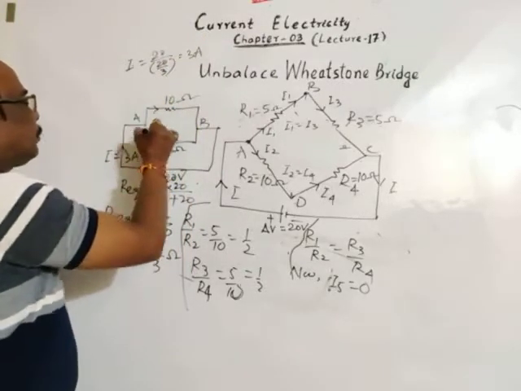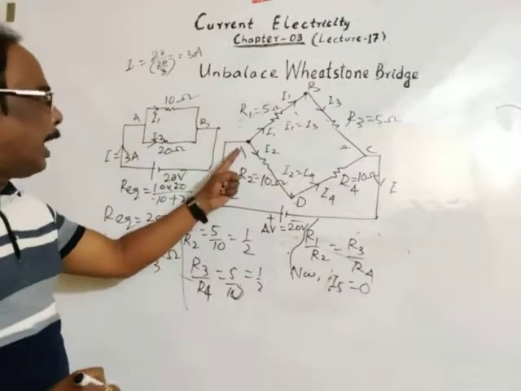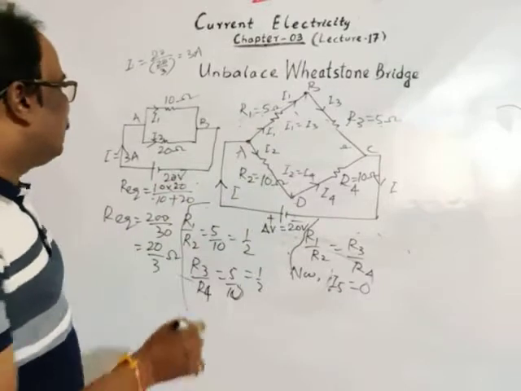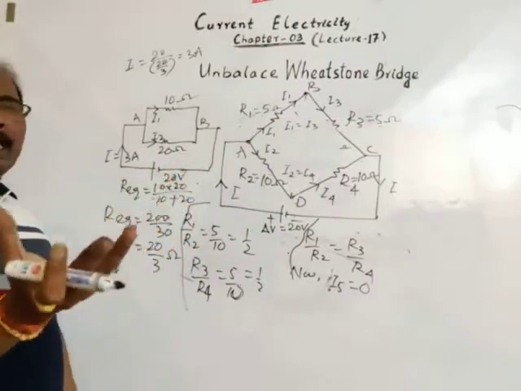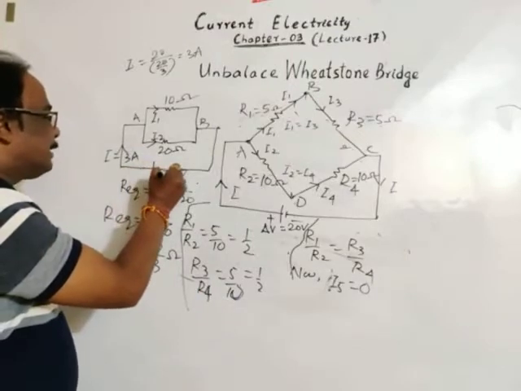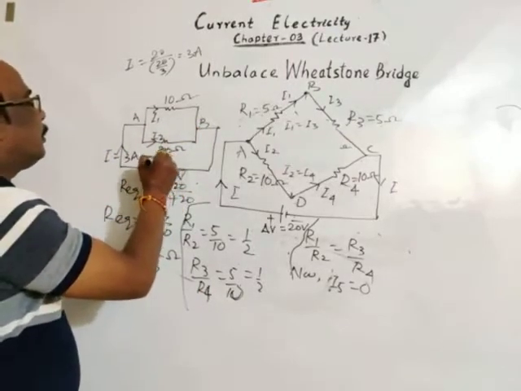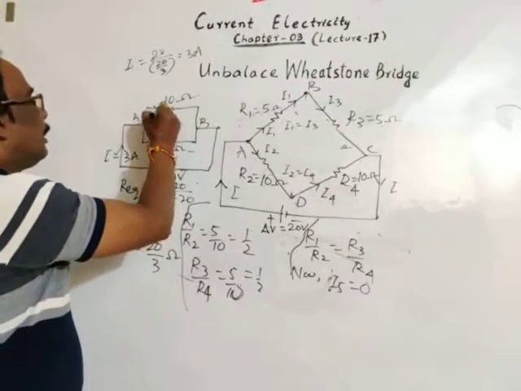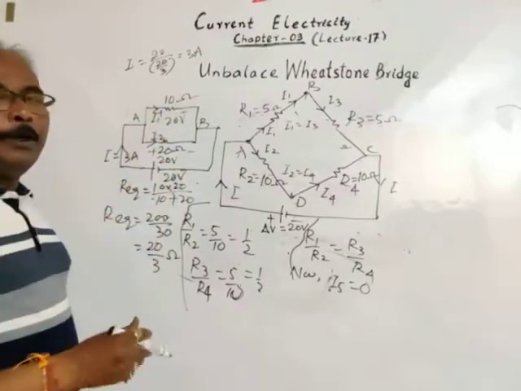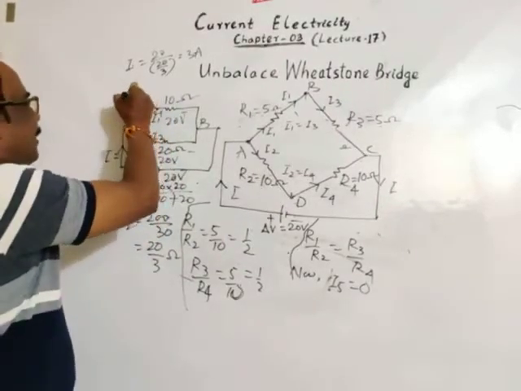Then current through this branch, let I1, current through this branch is I2. Then what will be I1? Potential difference remains same in parallel. So between these 2 points, potential difference A and B is equal to 20 volt. So here also 20 volt and here also 20 volt. Then what is I1?